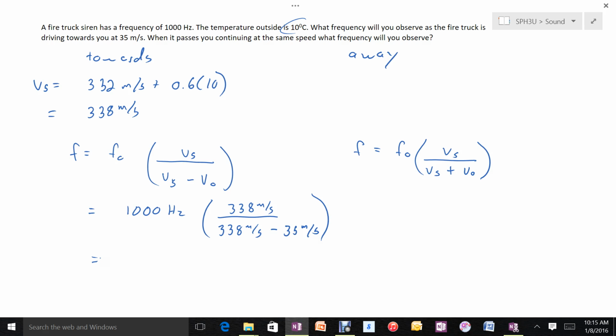So I just put all that into a calculator. I get 1,116 hertz if it was moving towards me.